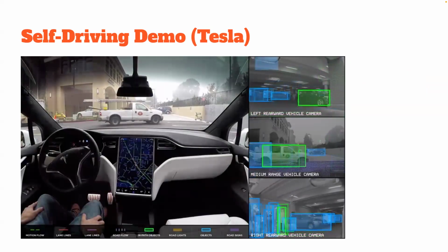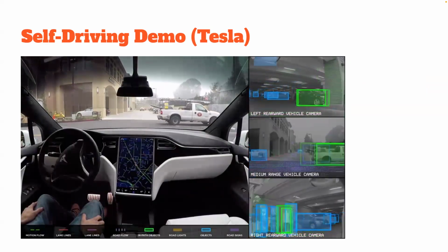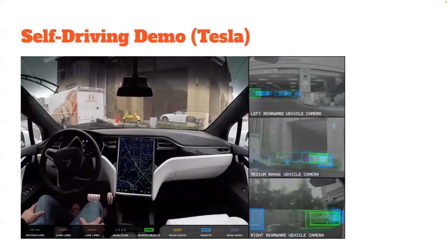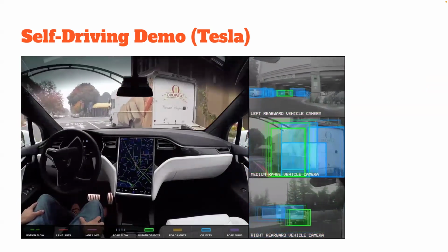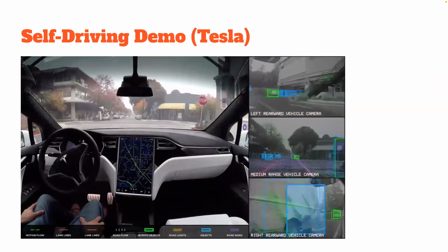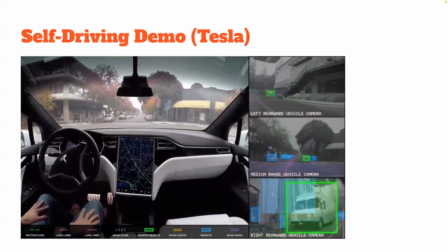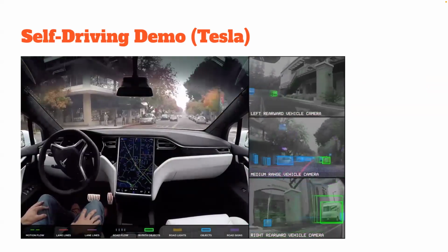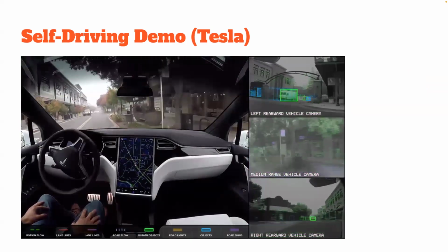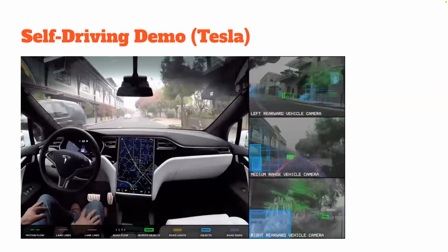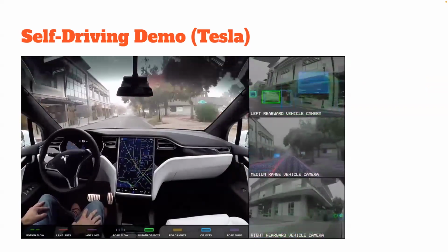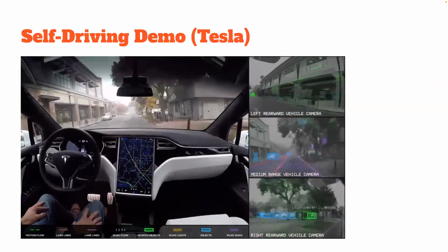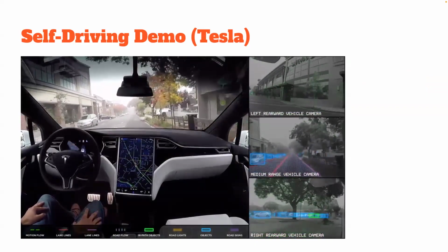You probably want to look at the right-hand side, all these cameras, three different cameras. They're recognizing all the objects in real time, right? They can see their car, they can see the lane, and obviously they can also find the sun, the buildings, people walking, trees, all the different stuff.